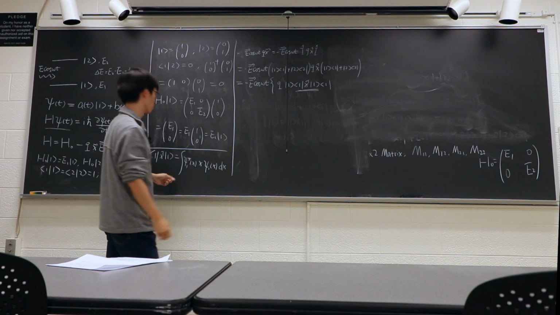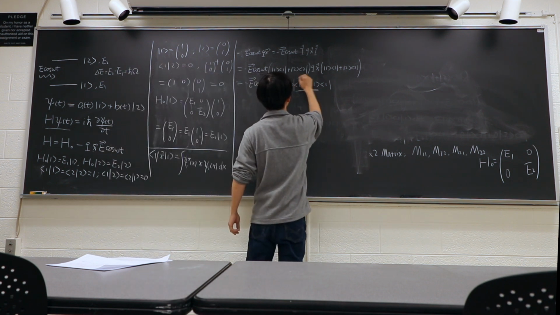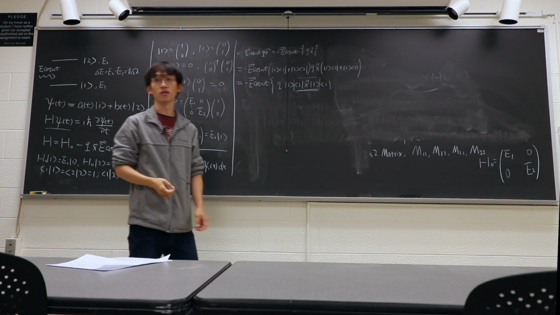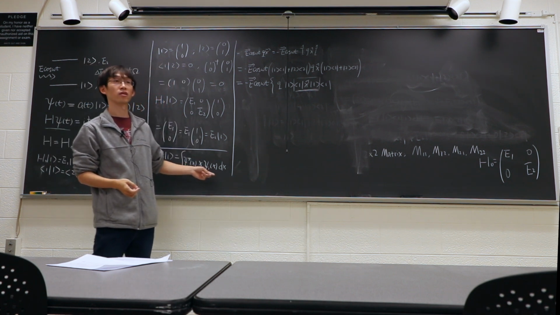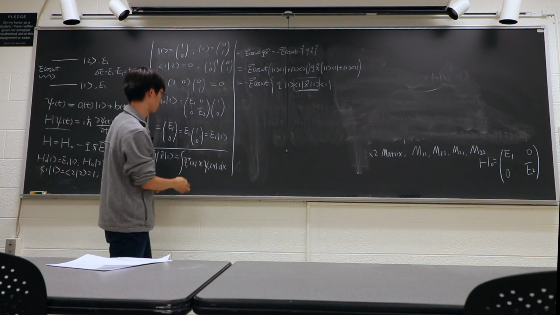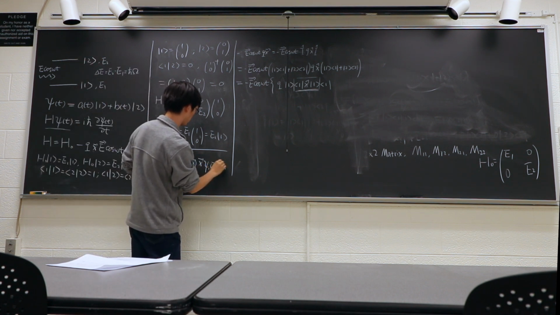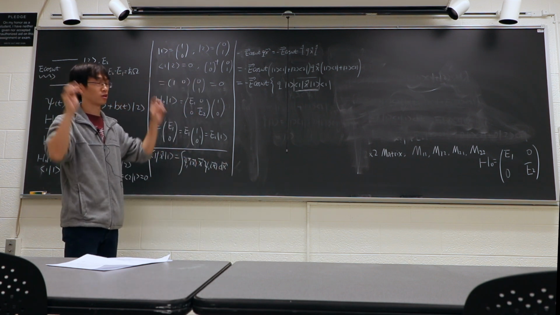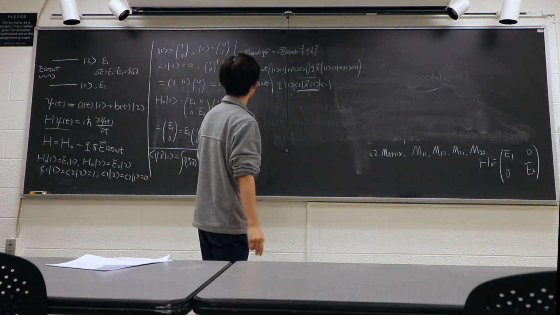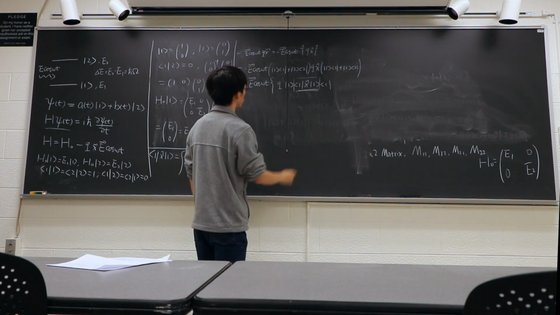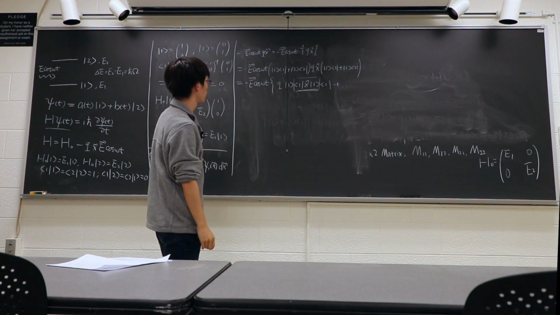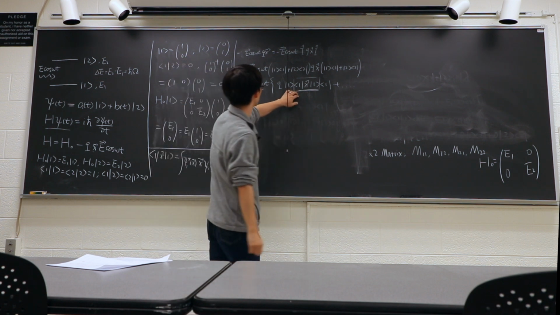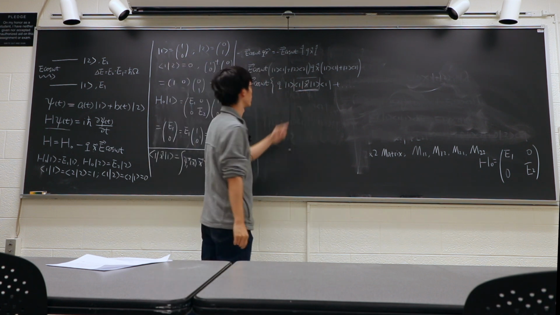So this inner product actually becomes a number, because the inner product you already do this integral and it becomes a number, or a vector, a number with direction, if we want to be more specific. So what we can do is move this in the front because it's a number now.